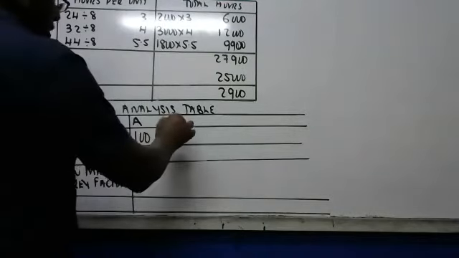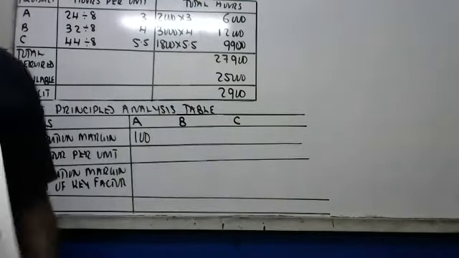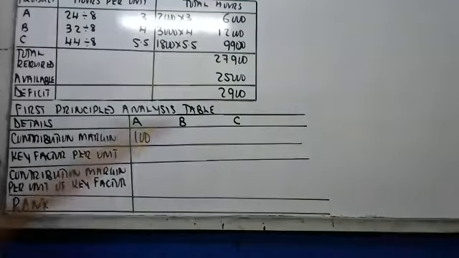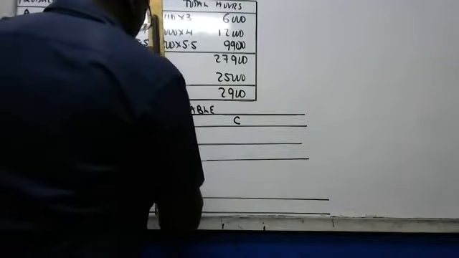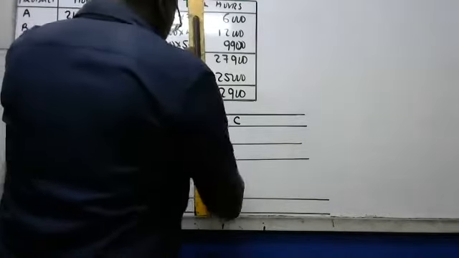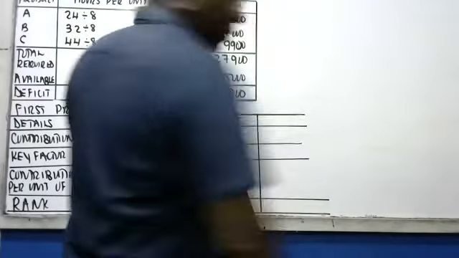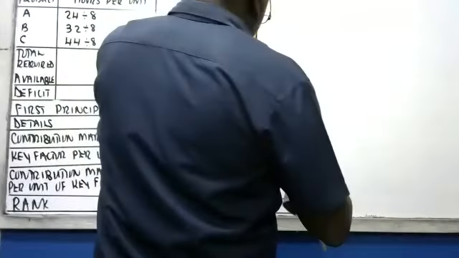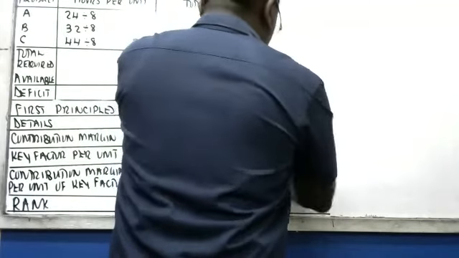Let us go to product B and do the same thing. You take that selling price and subtract those variable costs.